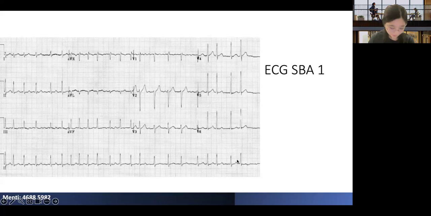ECG SBA number 1. What do you think this is? A lot of you have gone for supraventricular tachycardia, which is not technically wrong.